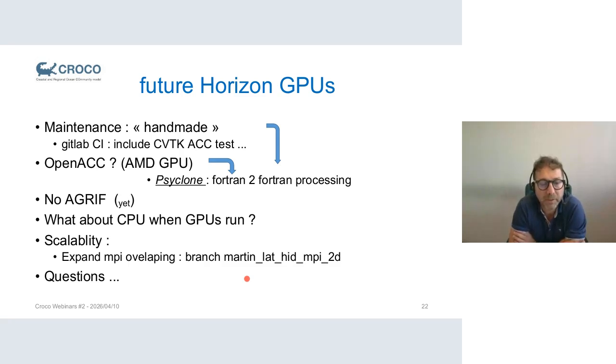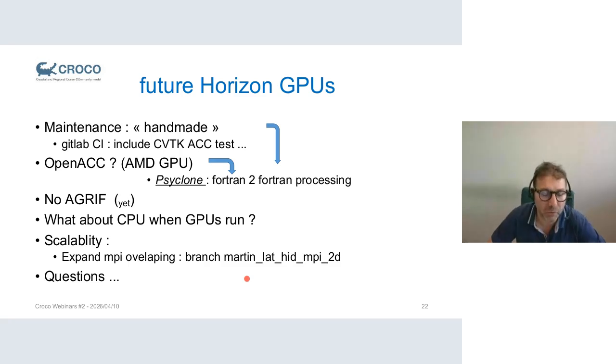Not all the CPPDEFS have been tested, and AGRIF is not yet on GPU. We also have a reflection on the CPU, because when you use the GPU, the CPU is still not active. What can we do with the CPU in this case? And we have to work on scalability.